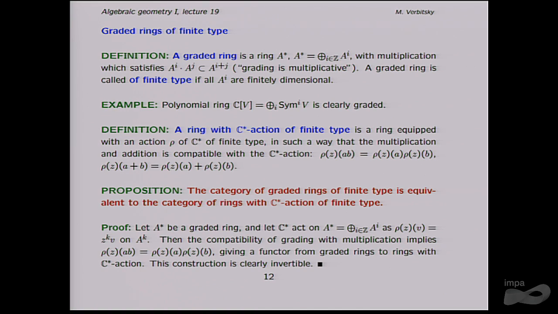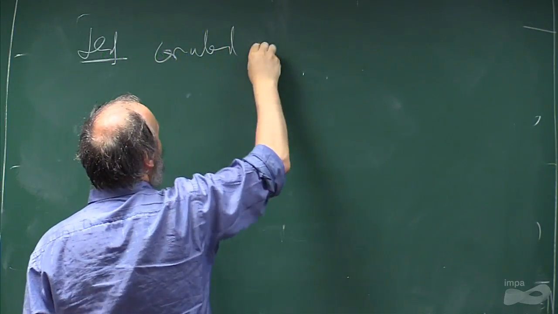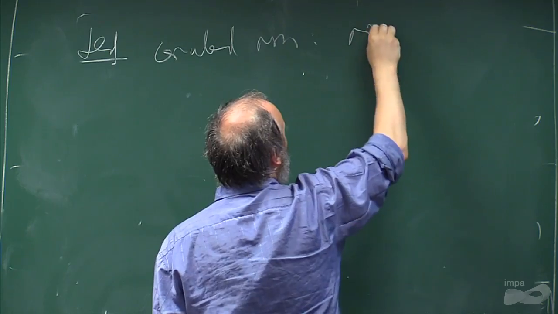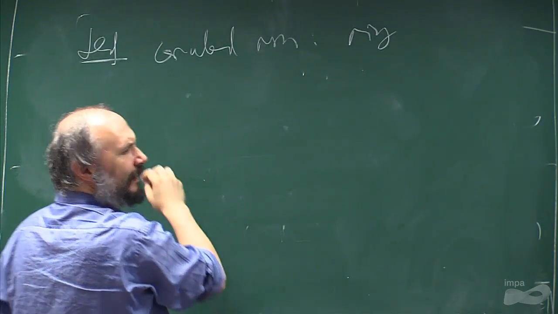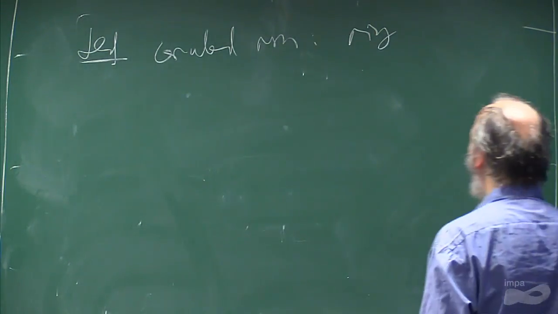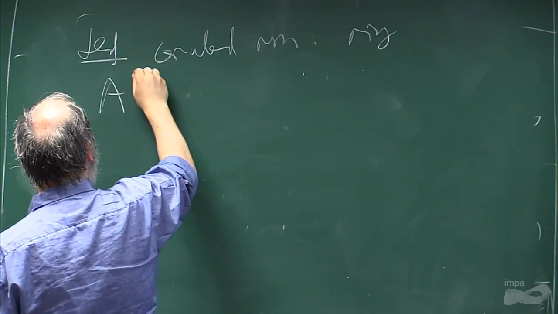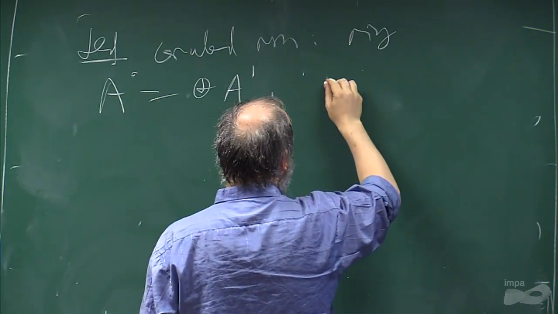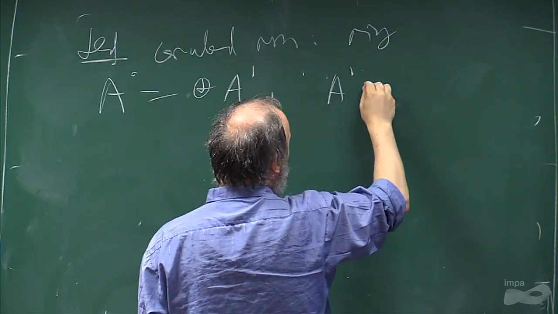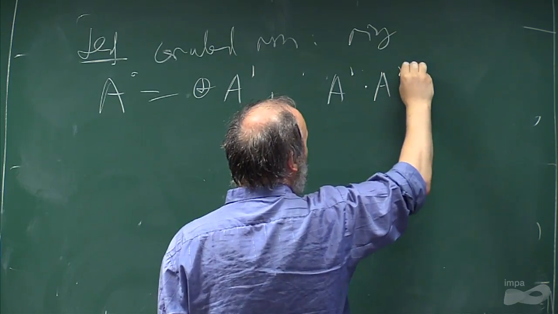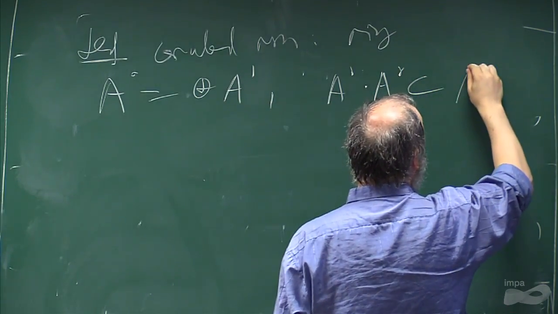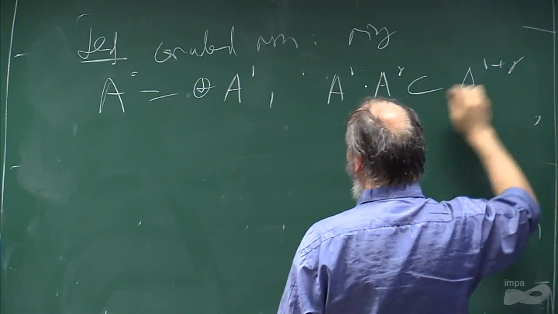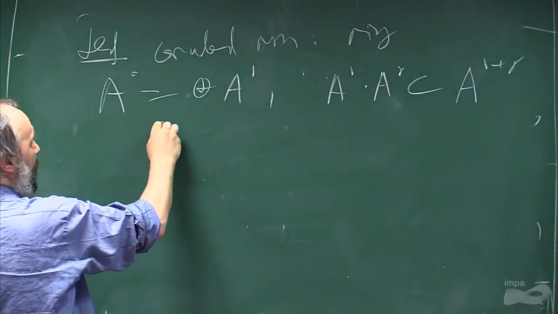So definition. A graded ring is a ring A star, which is a direct sum of A_i with A_i times A_j belonging to A_{i+j}, and this is a graded vector space.